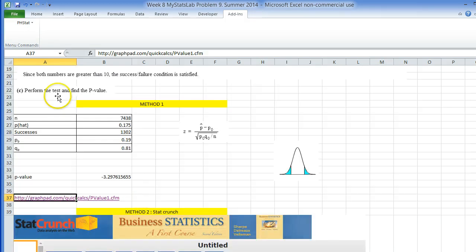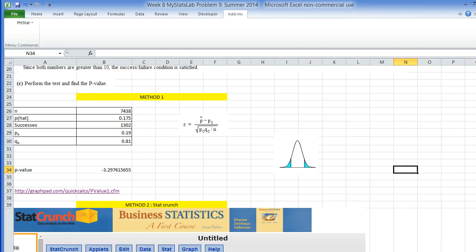Next part, we want to perform the test and find the p-value. Now, because there are several ways to do this and there is preference to using certain methods and there is opposition to using certain other methods, to make sure this covers all possibilities, I am going to use 3 different ways of doing it. First of all, I'm going to use a manual way to calculate z, and z can be found from this expression here. I extracted the information. n is 7438, p hat is 0.175.